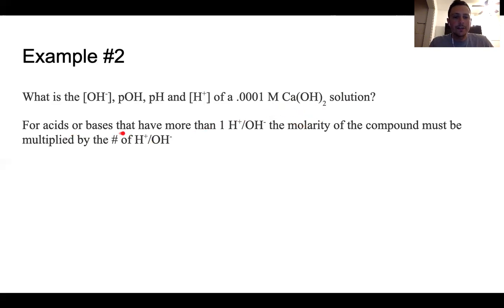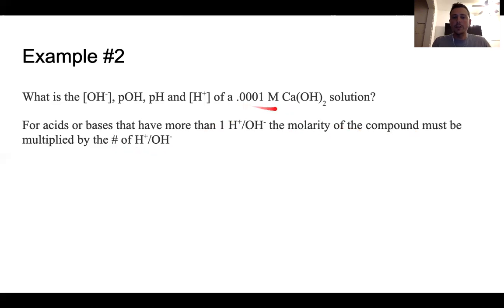So for any acid or base that has more than one H+, or for bases, hydroxides, like we do here, calcium hydroxide has 2 hydroxides, since our cation has a 2+ charge. The molarity of the compound, which in this case is 0.0001 molar, must be multiplied by the number of hydrogens or the number of hydroxides.